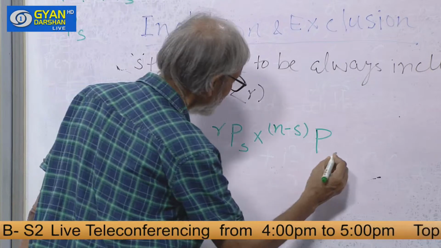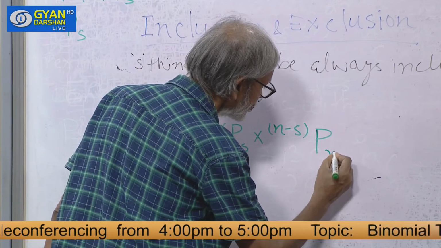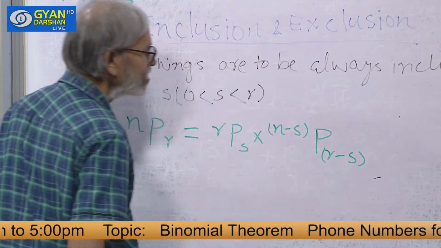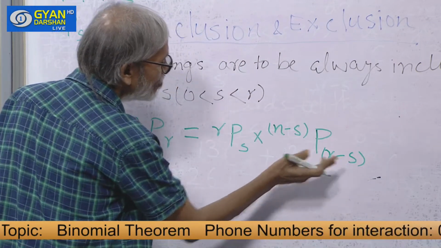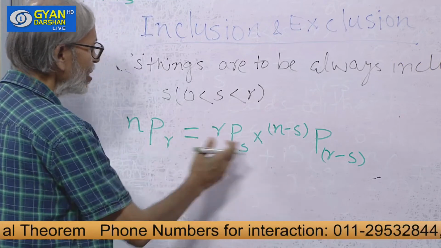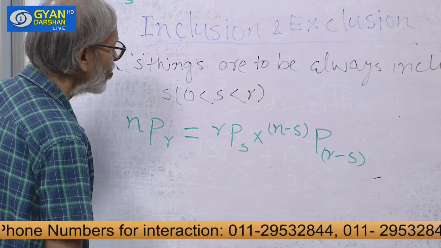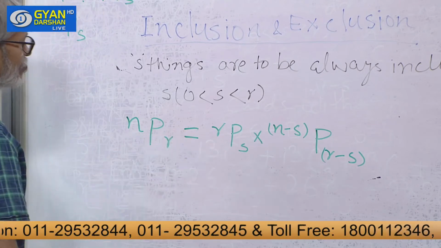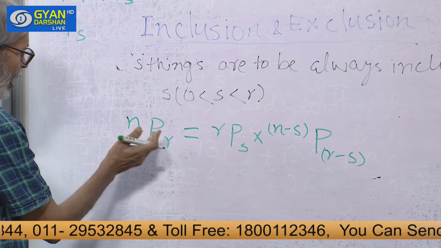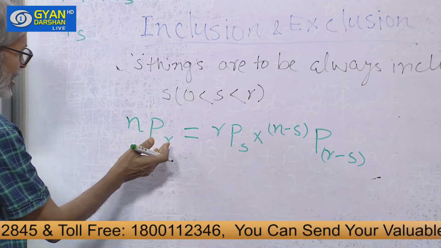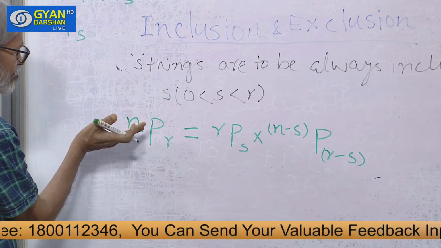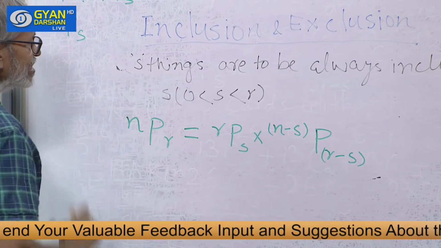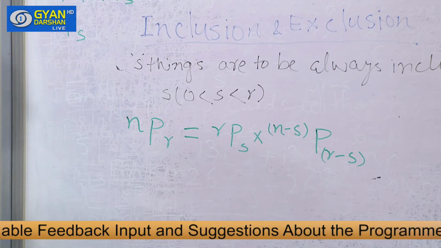The remaining places will be r minus s, because we have already filled s things. So, this will be the number of ways in which we can arrange r things taken at a time from the n distinct things, and the condition is that s things are to be always included.